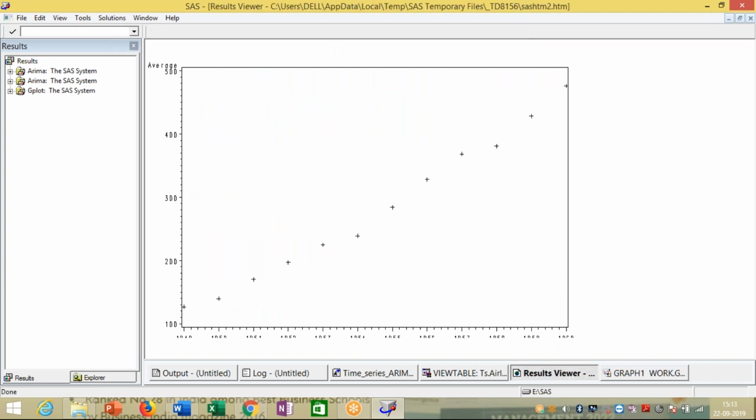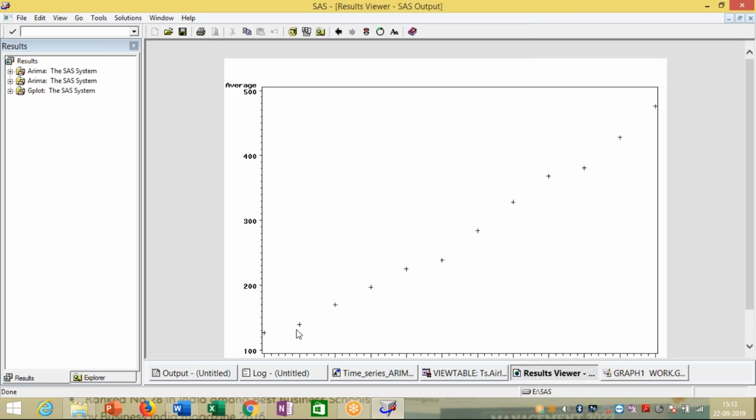Now, if you have a look at this, the mean by no means looks like a straight line. It's not a flat straight line. It's not a constant mean. The mean is changing at each point of time, and clearly there is a linear trend to this mean.